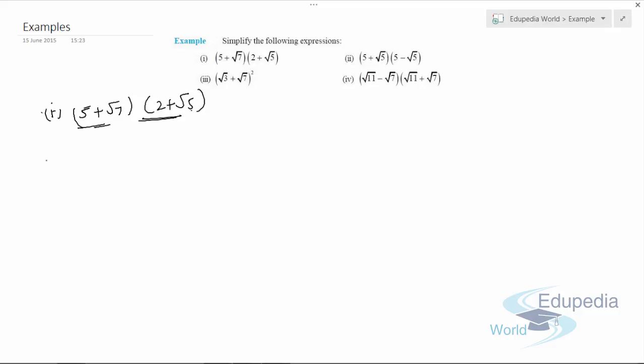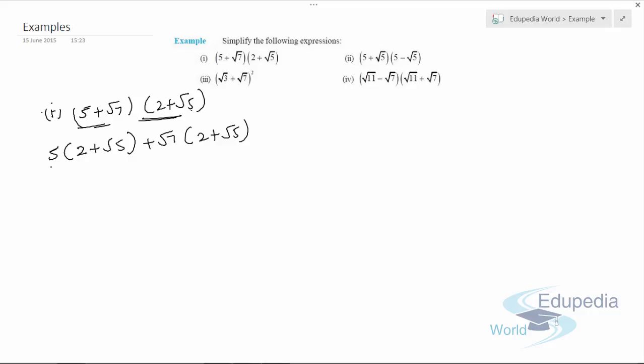So what we can do is apply bracket multiplication like this: 5 into 2 + √5, plus √7 into 2 + √5.